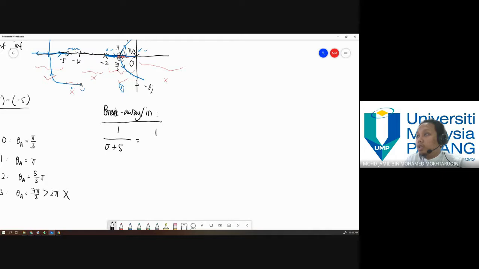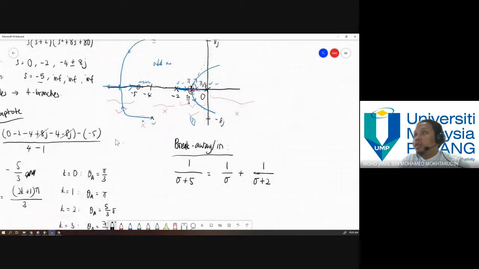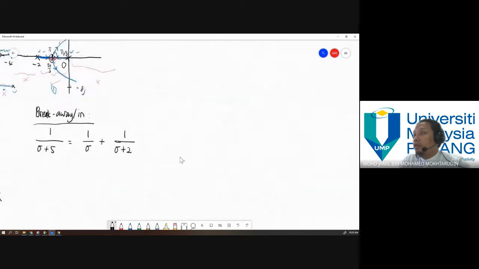So our zero is 1 over sigma plus 5, and poles is 1 over sigma, plus 1 over sigma plus 2, plus 1 over sigma plus 4 minus 8j, plus 1 over sigma plus 4 plus 8j.